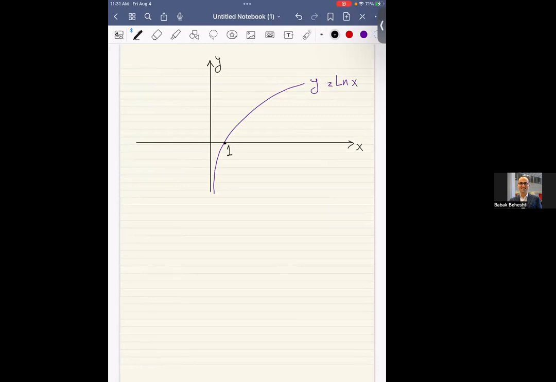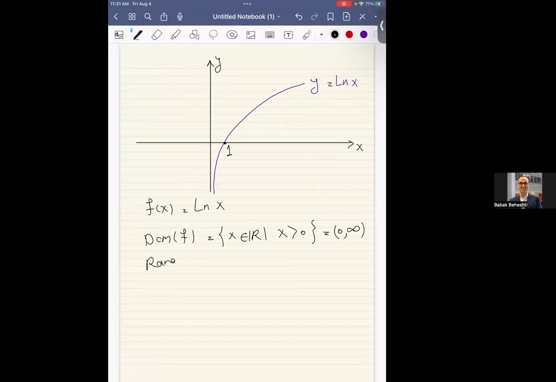Now, what is the domain of ln? It's similar to all the logarithms. So the domain of ln is positive numbers. So for f of x equal to ln of x, the domain of f is the set of positive real numbers, which in interval notation is the interval from 0 to infinity.